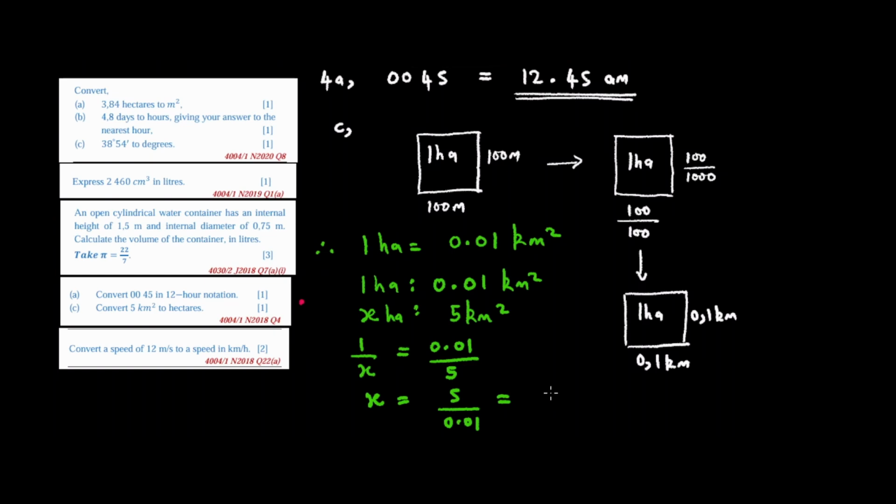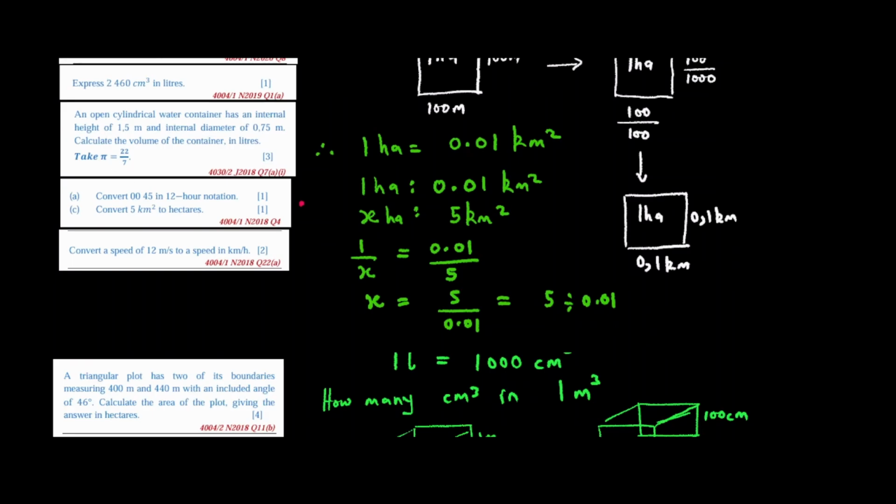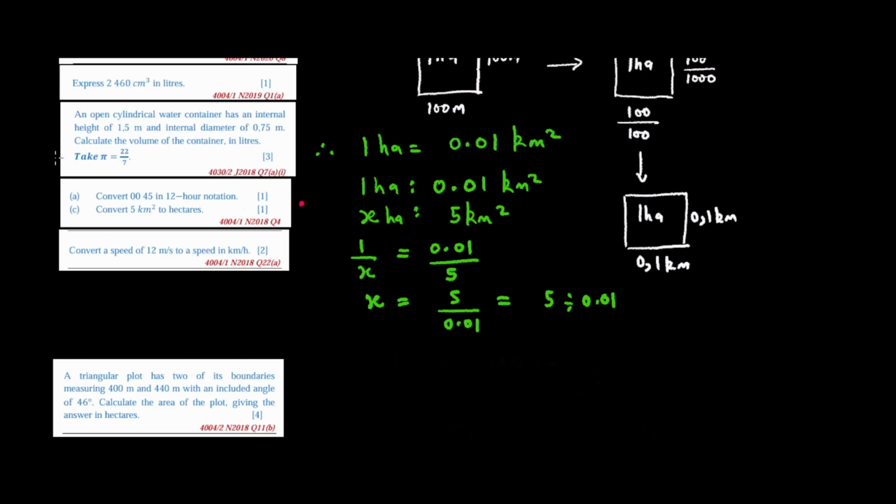Saka mufanwa toiita manually, kureva kuti muchati 5 dividing 0.01. This is equal to 5 dividing 0.01 is 1 over 100, saka this is 5 times 100 over 1 which is equal to 500.